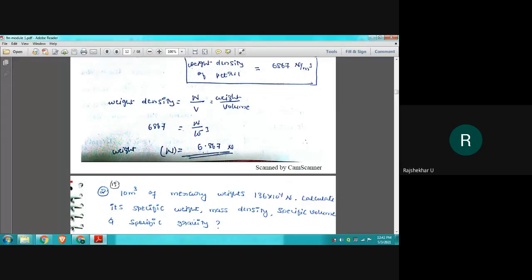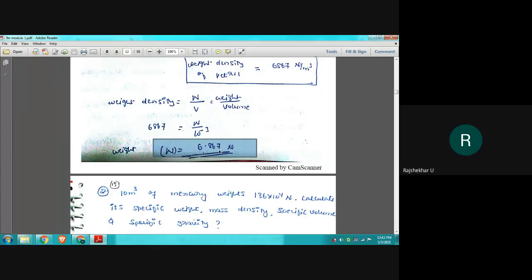So in your vehicle, if you fill 1 liter of petrol, its weight will be 6.867 Newton. So if you divide it by 9.81, what will you get? Mass.